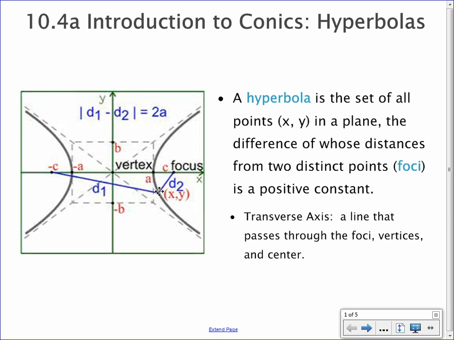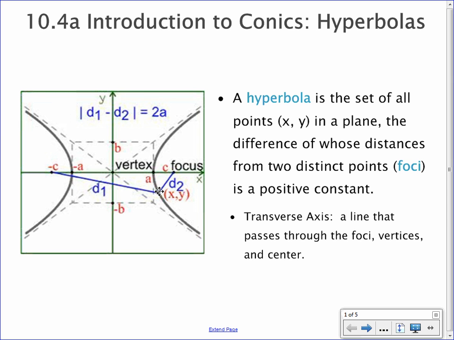When we talked about a parabola, we can recognize it how? In algebraic form, only one variable was squared, either the x or the y. How about an ellipse?